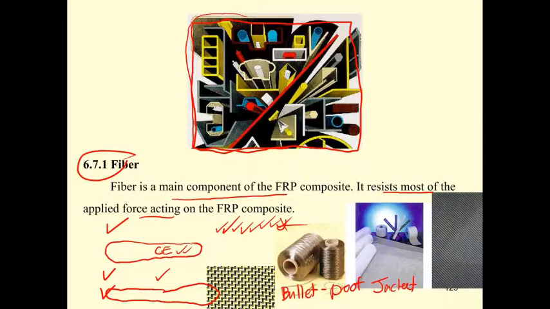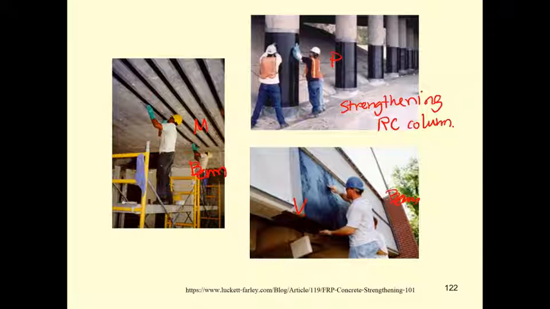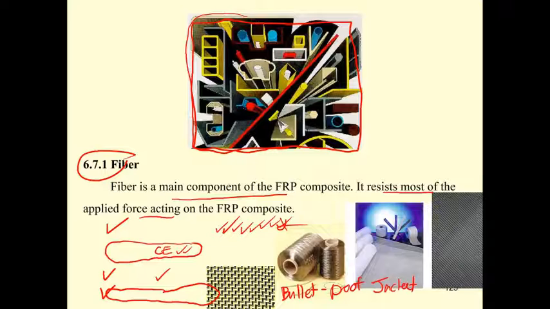Let me go back. Okay, like this one. This is going to use carbon fiber with epoxy. This is going to be epoxy glue also. But for this one, this is PFRP. It's mostly produced with glass fiber.